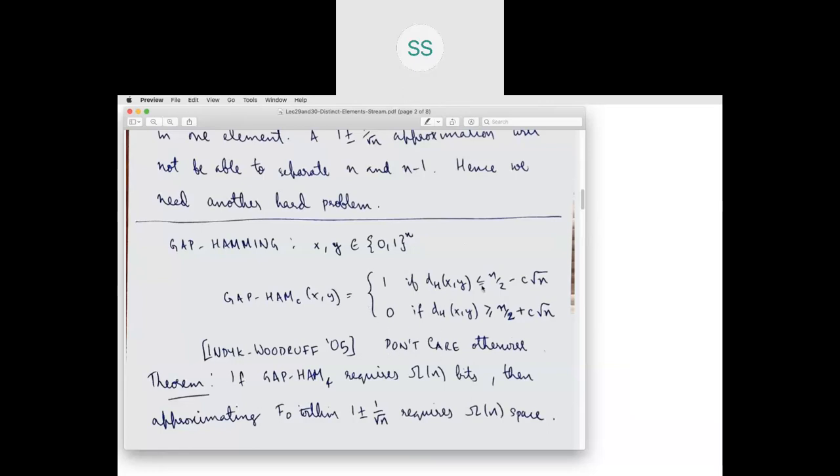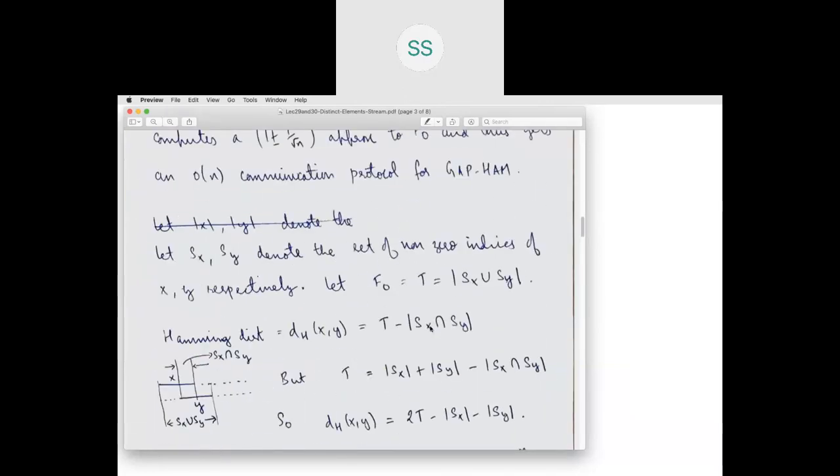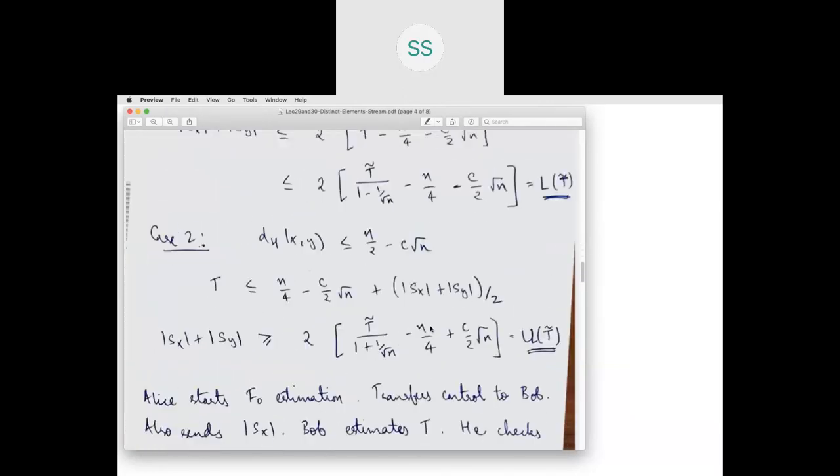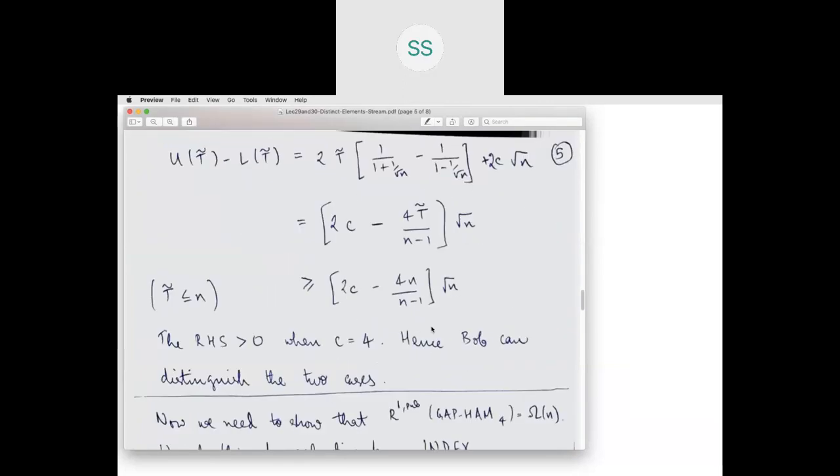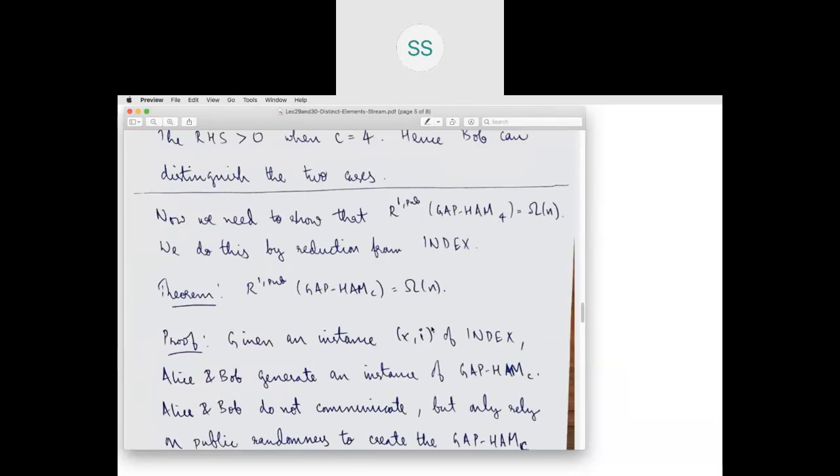So we don't care what the protocol outputs if the Hamming distance is in between. In other words, the problem instance holds the promise that it is going to be the low case or the high case. There is no in-between case. That's why it's called gap Hamming: a gap is promised.